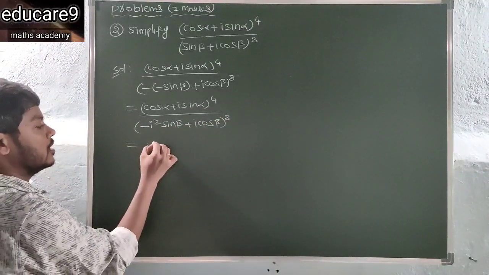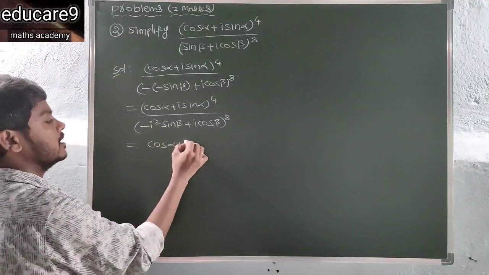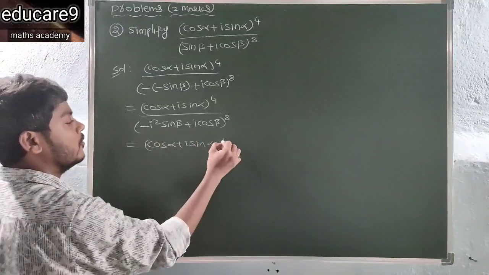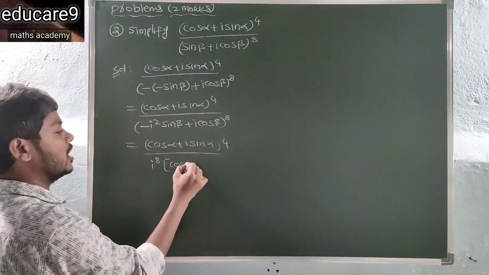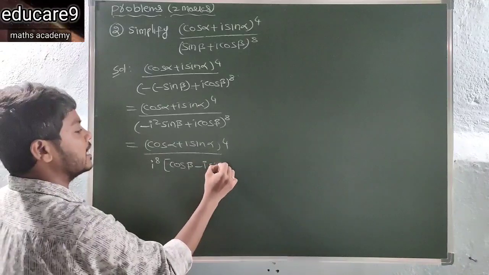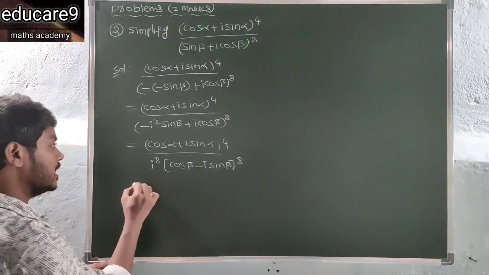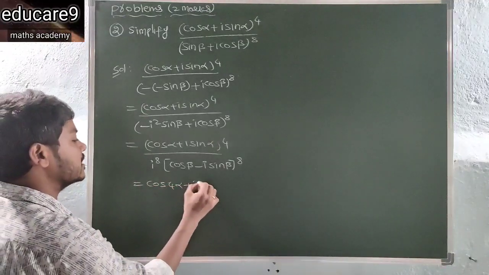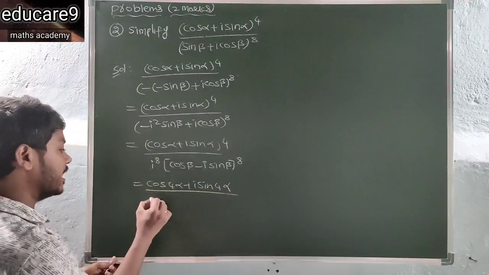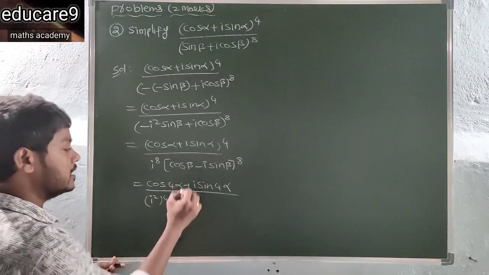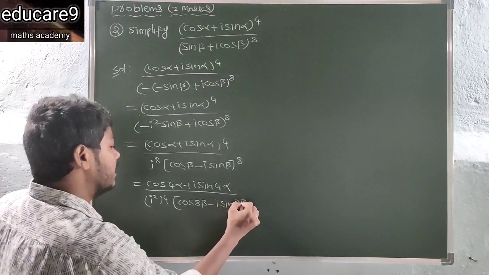Now again apply De Moivre's theorem. (Cos alpha plus i sin alpha) whole to the power of 4. So here i is common. So that is i to the power of 8 into (cos beta minus i sin beta) whole to the power of 8. Now here we have to apply De Moivre's theorem. So that is cos 4 alpha plus i sin 4 alpha divided by i power 8, which can be written as (i square) whole to the power of 4, and this is cos 8 beta minus i sin 8 beta.